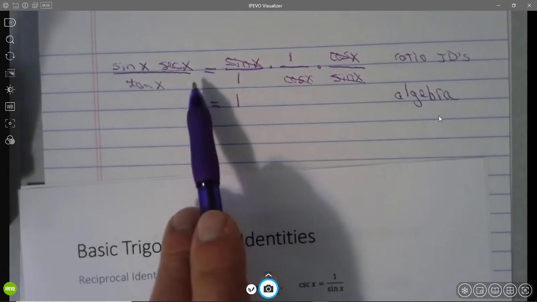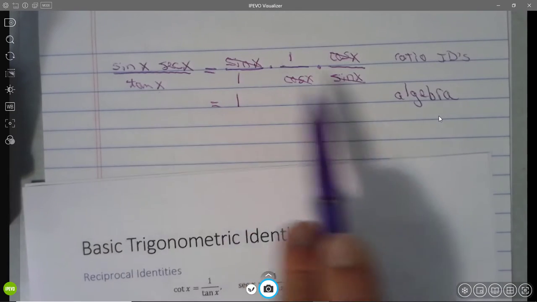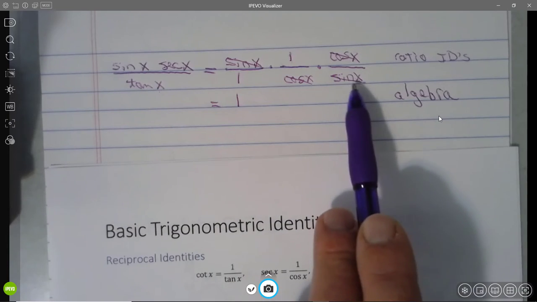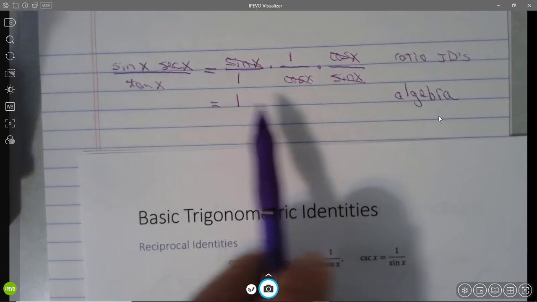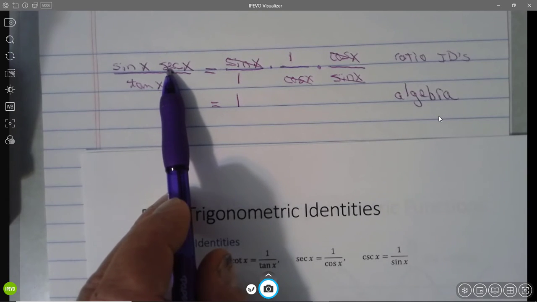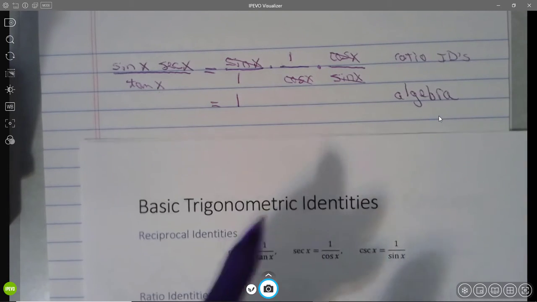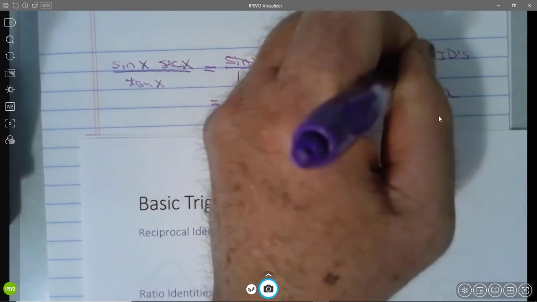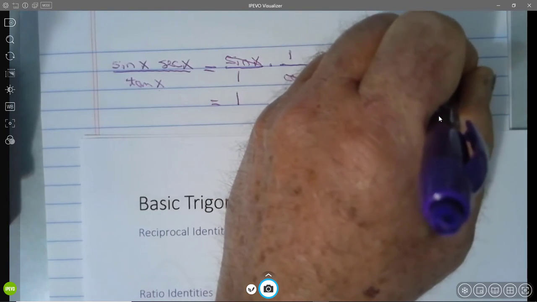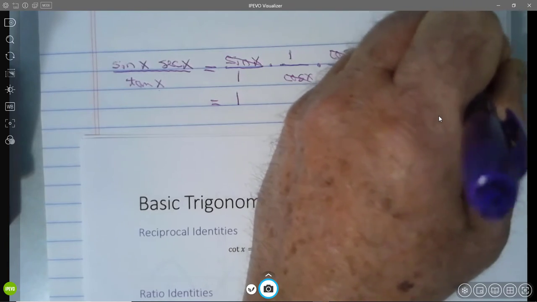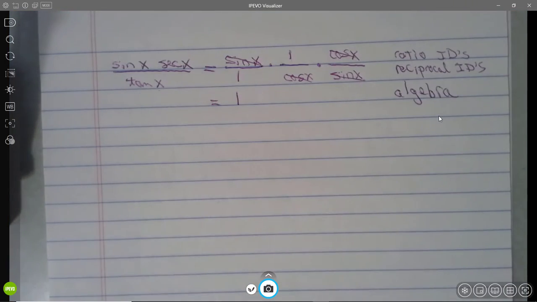I converted this tangent to sine over cosine. Actually, I suppose I was using both, wasn't I? Because here I used the secant, turning that to 1 over cosine. That's a reciprocal identity. So I have kind of a multiple step here.